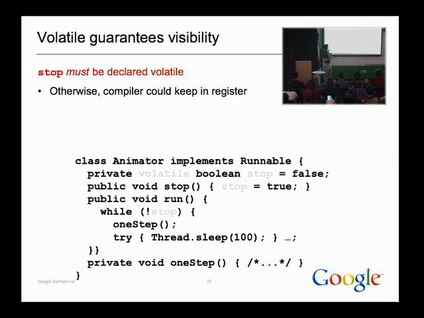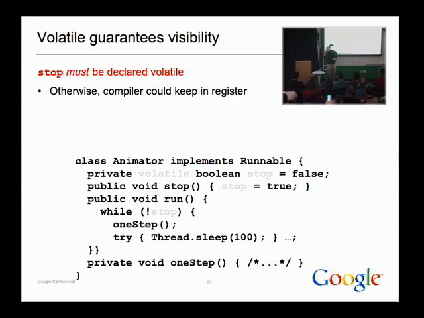The run method continually iterates until the stop flag is set. The other thread eventually calls stop, and stop will be set by that method. In theory, the first thread will come along, do the next iteration, see that the second thread has set stop, say, oh, while not stop, it's stopped now, and exit.